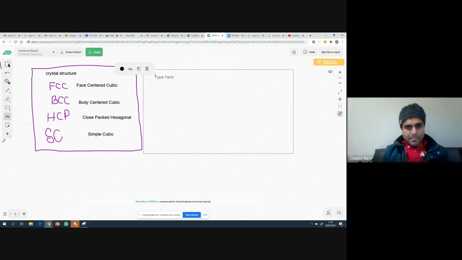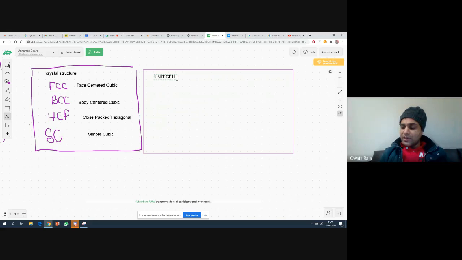A unit cell is an arrangement of atoms which can be repeated in 3 dimensions to give a crystal structure. That's a unit cell.